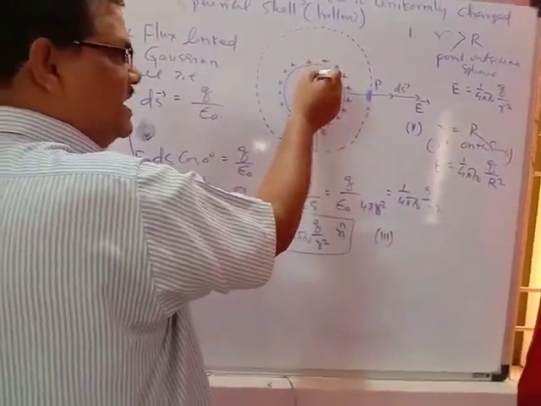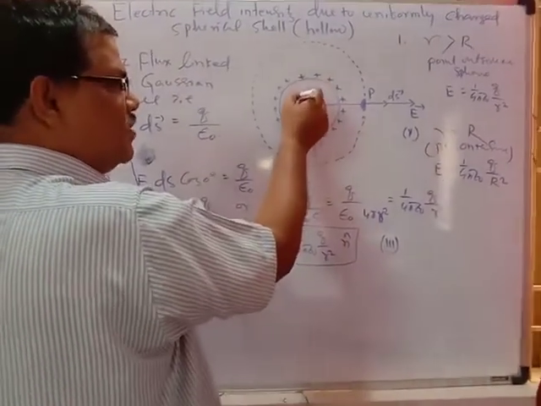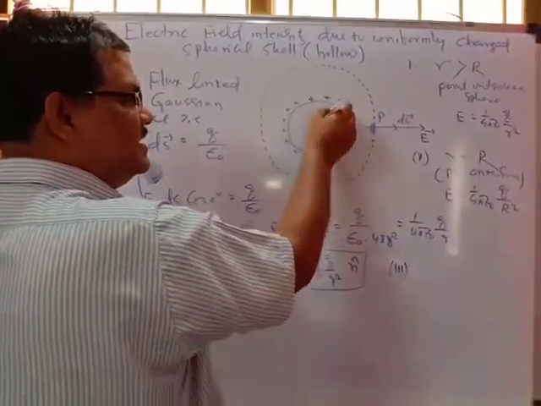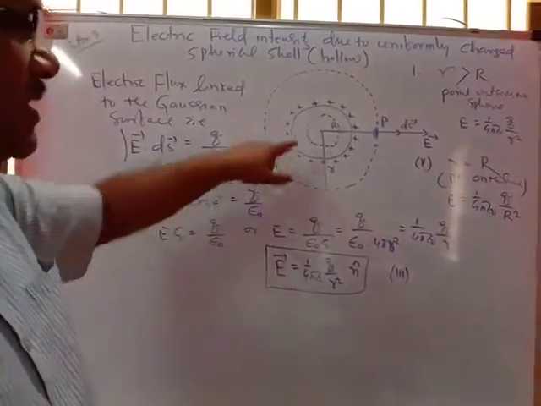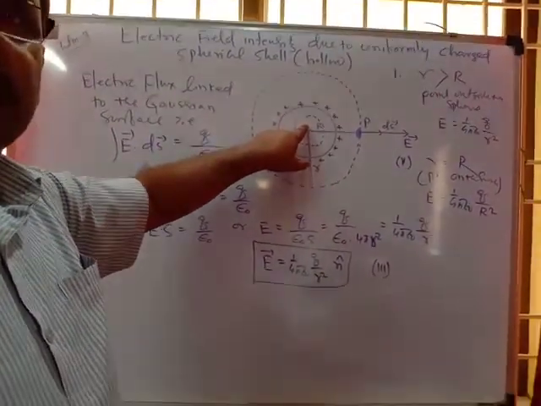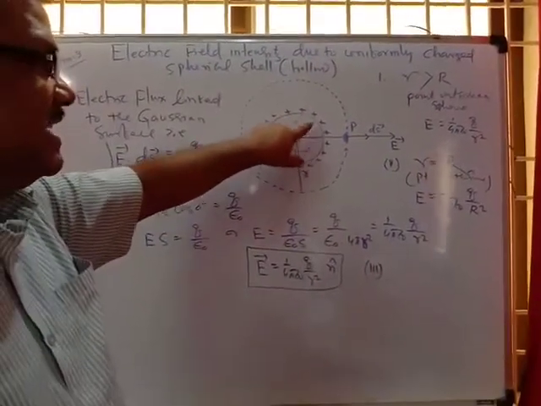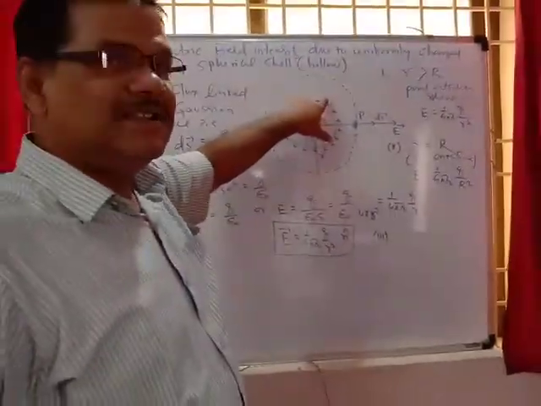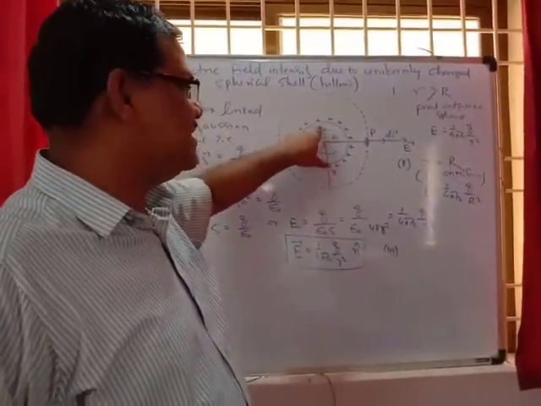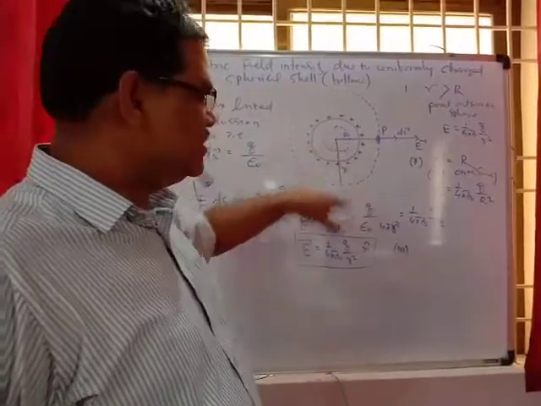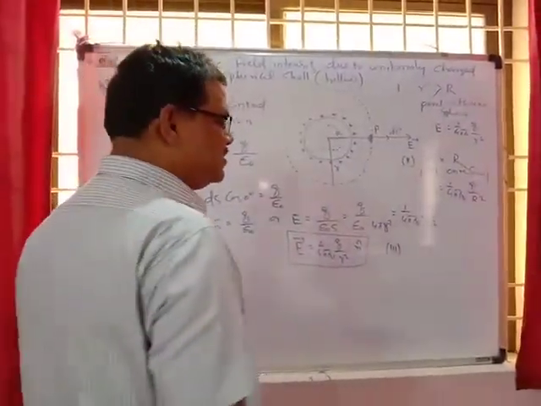If you choose the point inside the sphere, then the Gaussian surface will also be inside the sphere. How much charge is enclosed by the Gaussian surface? Because the charges reside on the surface, and we have taken the Gaussian sphere inside the hollow sphere, the total charge enclosed will be 0.